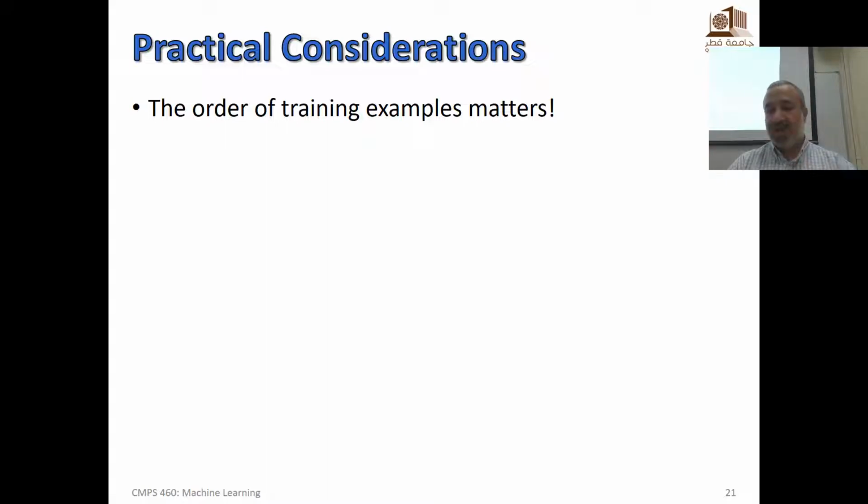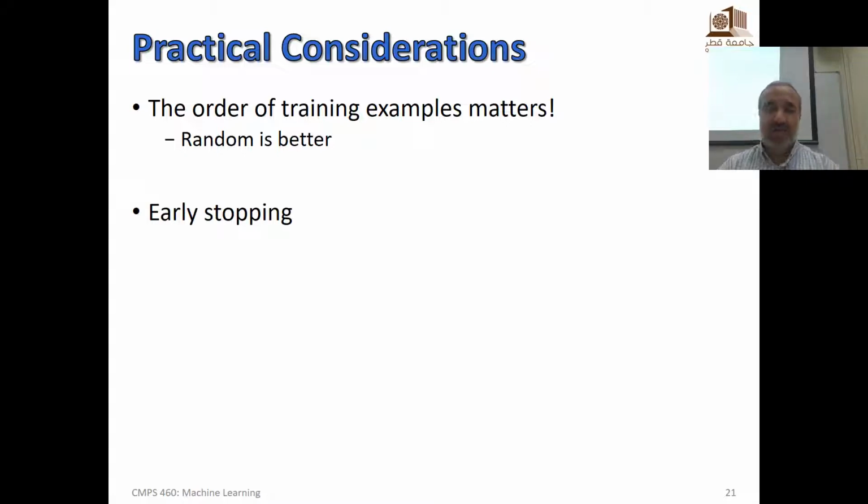Okay? The best thing to do is to randomize the order of the examples. We call this shuffling. We can do it once at the beginning of training, or even better, at the beginning of every pass on the training examples. So that was the first thing.